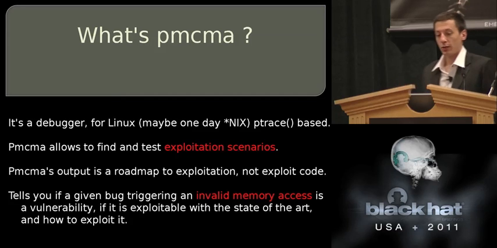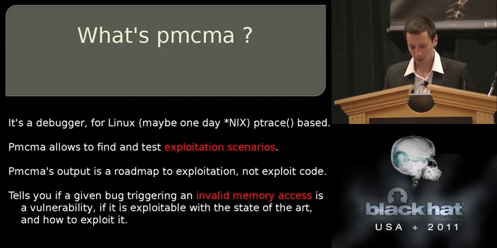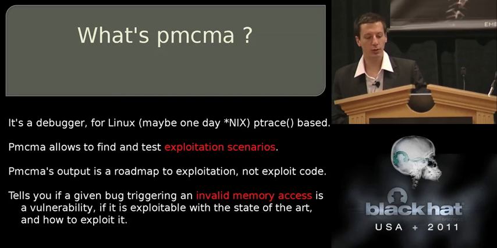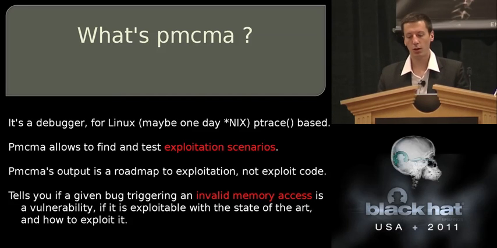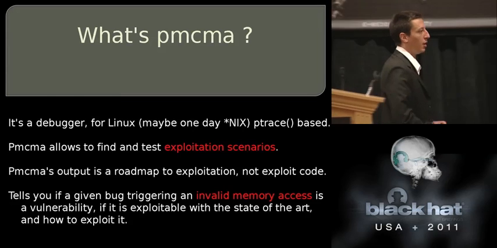So the whole talk is about PMCMA, which stands for Post-Memory Corruption Memory Analysis, or Memory Analyzer, if you will. It's basically a debugger based on ptrace. It should be portable to pretty much any Unix system, provided you have ptrace and fork. Actually, even Windows has fork. I discovered that a few days ago.